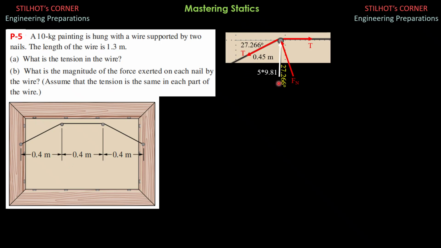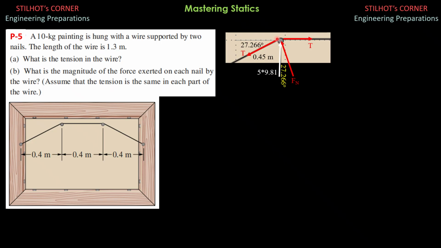So that would be 5 kilograms downward as shown here. So 5 times 9.81, that's why the nails react in this form, Fn, the force in the nail reaction. So this length is equal to 0.45 as explained, 1.3 minus 0.4, 0.9 divided by 2 because we have two slanted parts of the wire, 0.45.